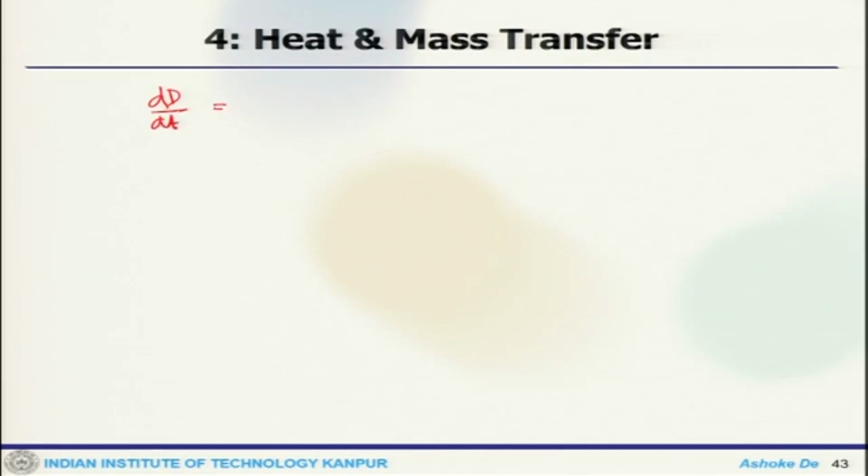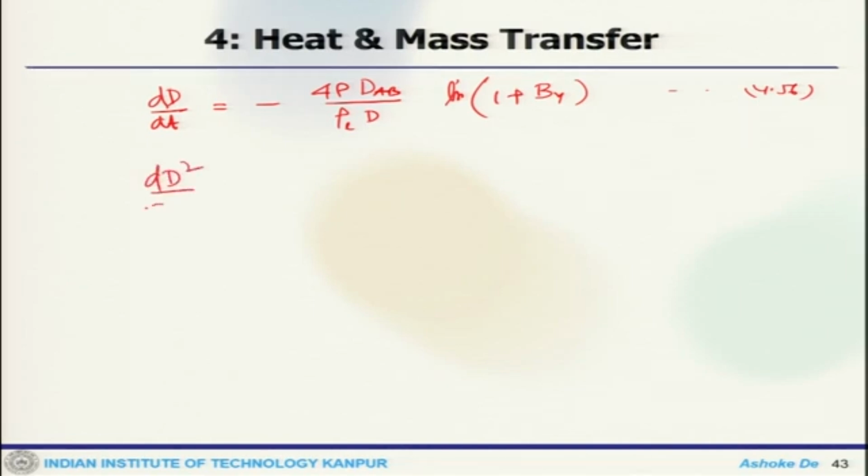you get d d by d t equals minus 4 rho d A B by rho L d, ln of 1 plus B y. So, this is more commonly expressed in terms of d squared. If you take d d squared by d t, this will be minus 8 rho d A B by rho L ln of 1 plus B y.